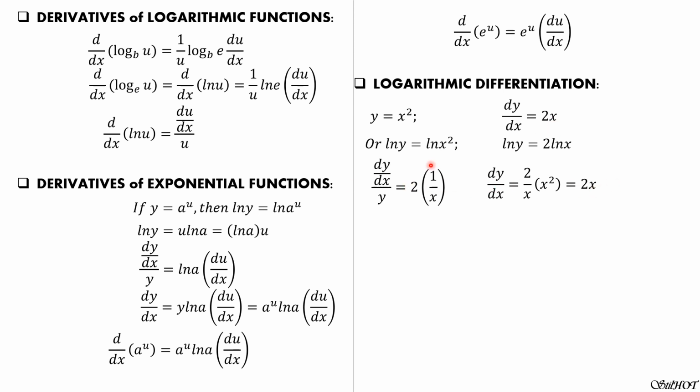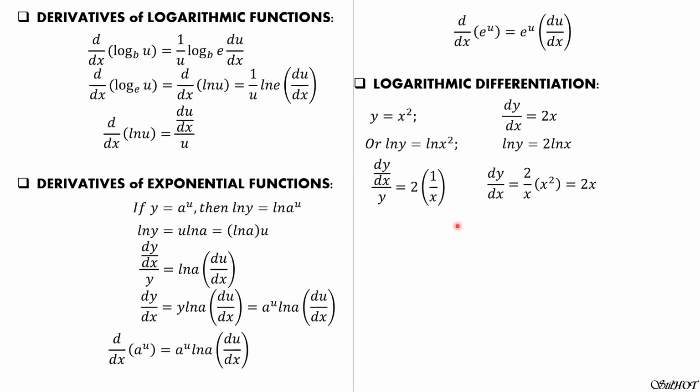There are functions which are complicated, which can be evaluated by the technique of logarithmic differentiation rather than by using the direct differentiation method. So again, especially for complicated functions, it is better to differentiate the function by this technique.